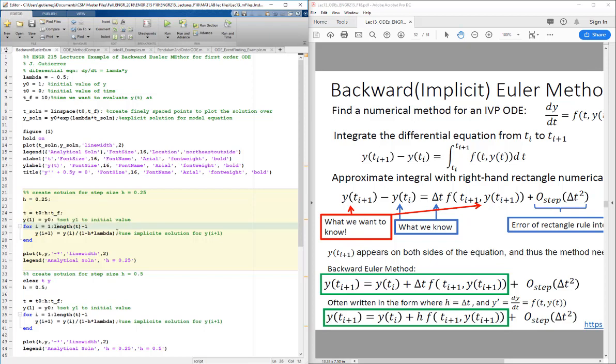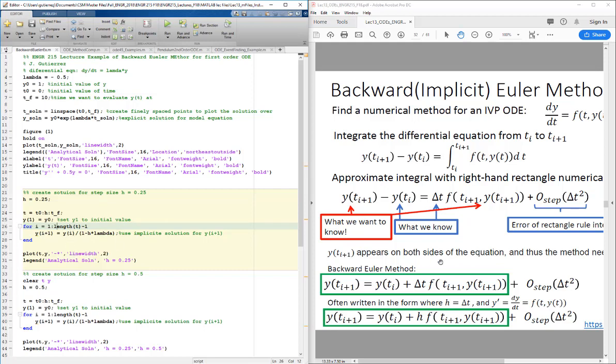In this case, I'm not going to do a generic function because I actually have to solve it each time. So it's kind of hard to know a priori what the solution to that is. Now, of course, here we can solve this for our differential equation, and it's really just 1 over 1 minus h times lambda times yi.